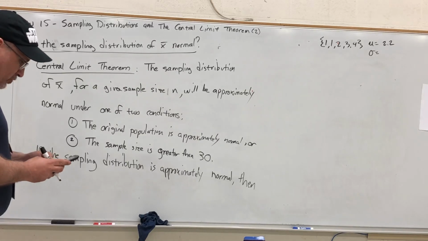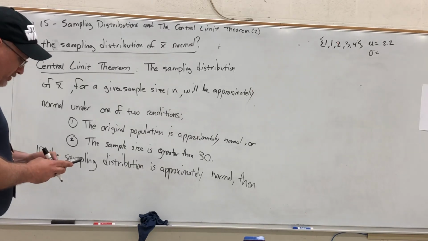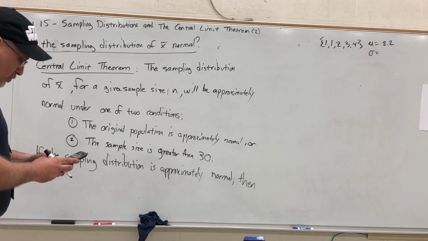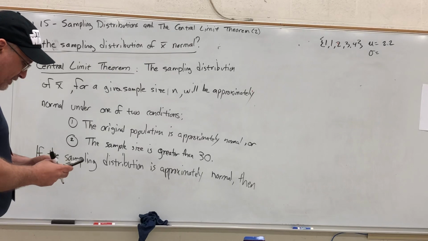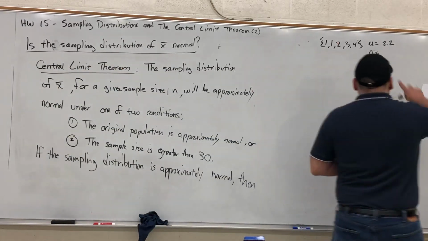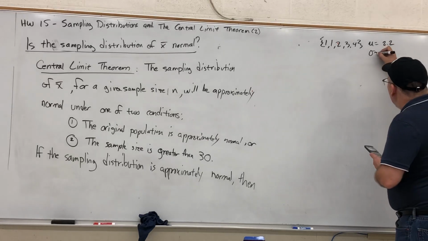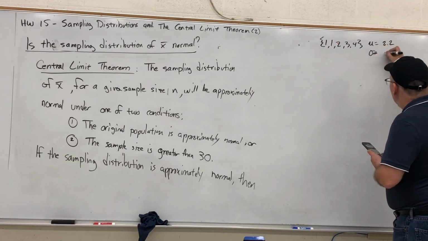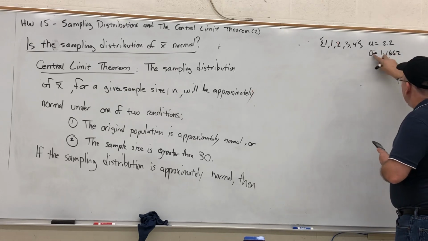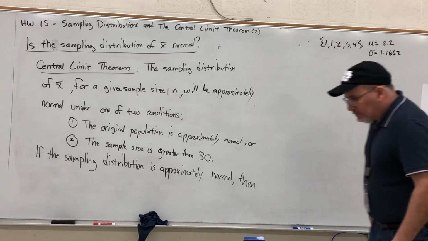So 1.2 squared plus 1.2 squared plus 0.2 squared plus 0.8 squared plus 1.8 squared, divided by 5, and we'll square root that. So the standard deviation for this guy is approximately 1.1662. I just cranked it out real quick.